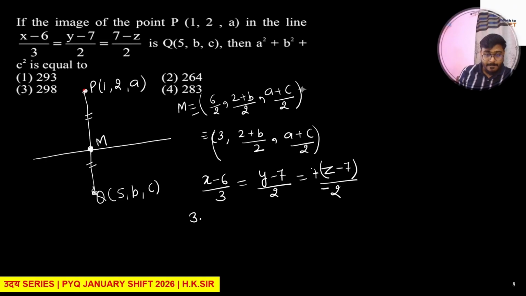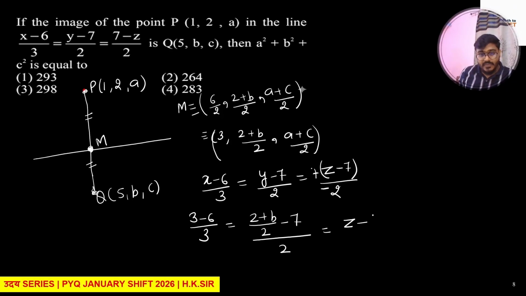So (3 minus 6) divided by 3 equals ((2 plus b) by 2 minus 7) divided by 2 equals z minus 7 divided by minus 2, where z is (a plus c) by 2.